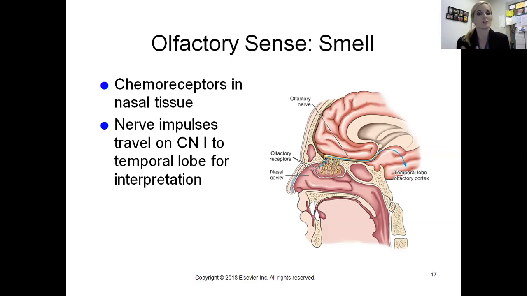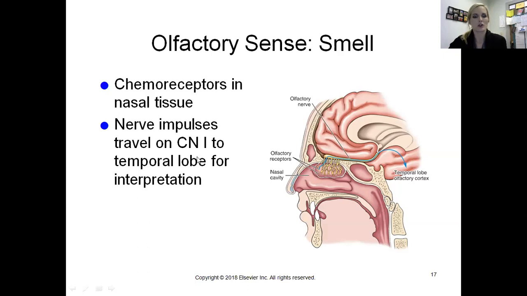There are 12 cranial nerves that are attached to the brain, as the name implies. Those 12 cranial nerves are all connected to different things and help us to pick up on different special senses. Specifically, the sense of smell will travel on cranial nerve 1. Again, there's 12 of them, so they're named according to that number.